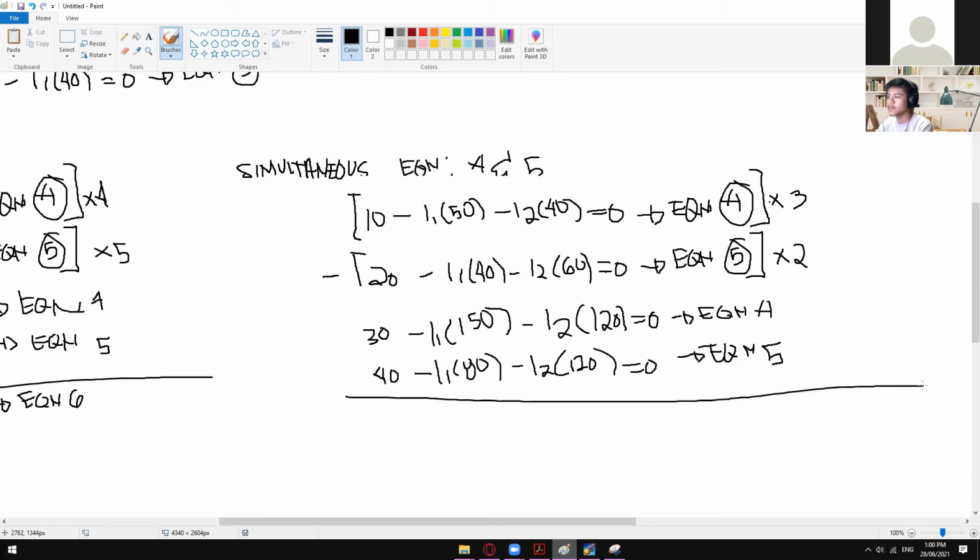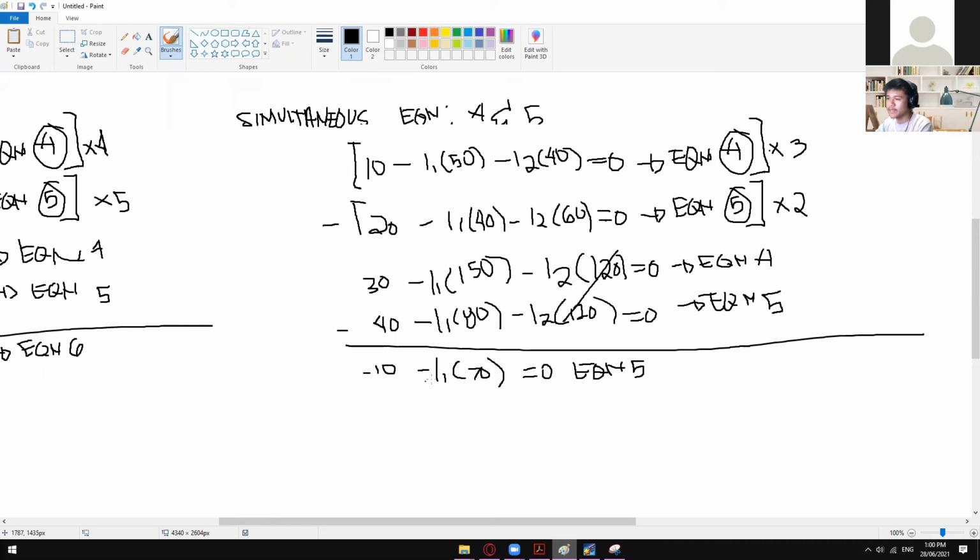Okay, and then we can now deduct this one for us to be able to eliminate this I2 right here. So negative 40 plus 30 is negative 10, and positive 80 minus 150 is negative I1 times 70. Okay, and then this one will now be eliminated, of course, since negative 120 plus 120 is equal to 0, and then equal to 0. So now this is your equation number 5.